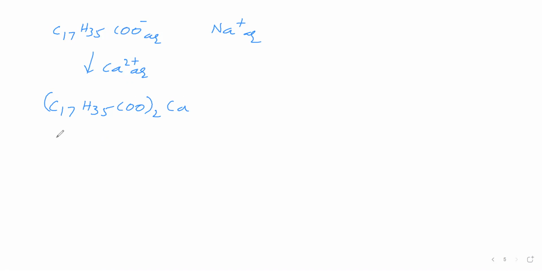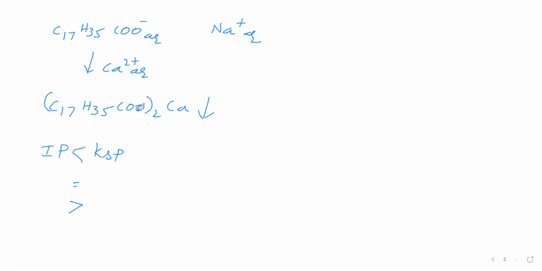For this calcium stearate, we take the ionic product and solubility product. If the ionic product is less than the solubility product, it is not precipitated. If the ionic product is equal to the solubility product, the solution is saturated with calcium stearate. If the ionic product is greater than the solubility product, calcium stearate is precipitated.